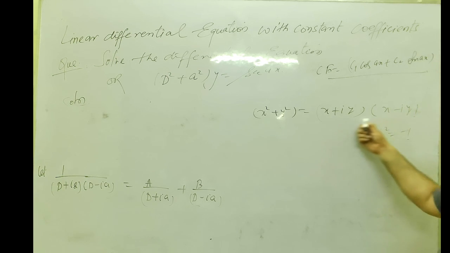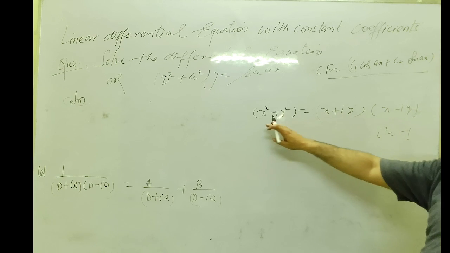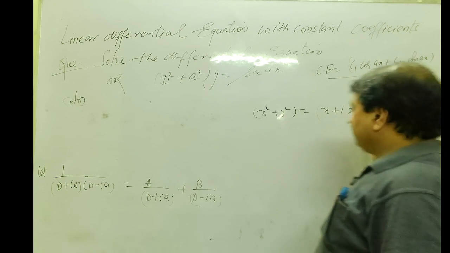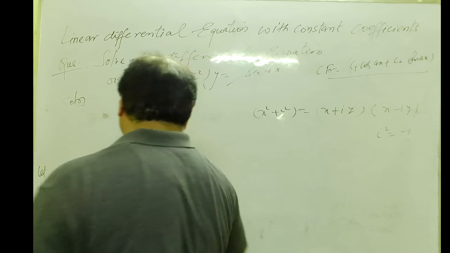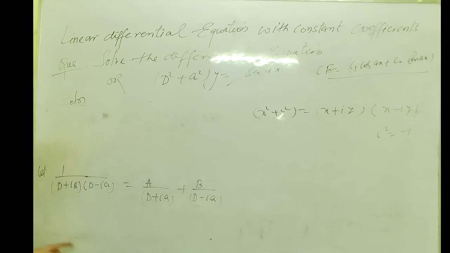If you multiply both brackets, you will find the left-hand side according to this formula. This is the factor, and here multiply (D plus ia)(D minus ia) on both sides.